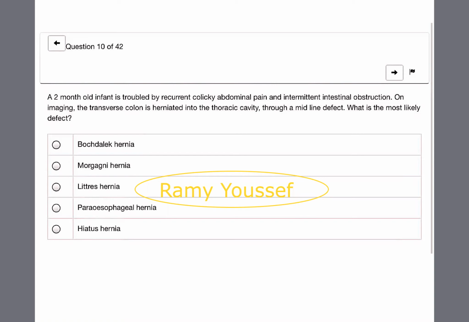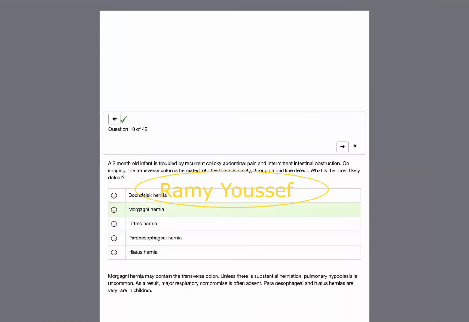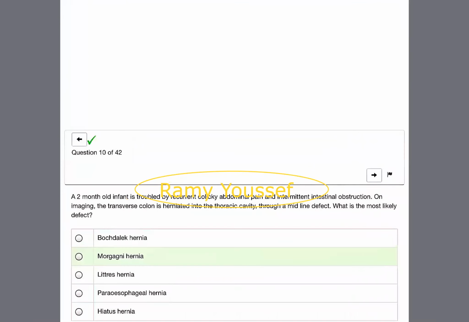Morgagni is the right hernia, but we just cleared this yesterday. What's the difference between Bochdalek and Morgagni hernia? Okay, I'll just revise it very fast. We said that Morgagni is right and anterior.